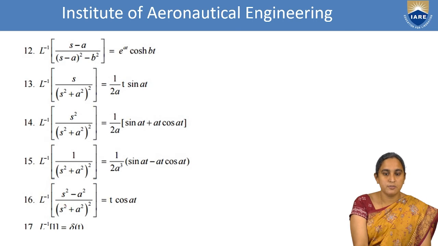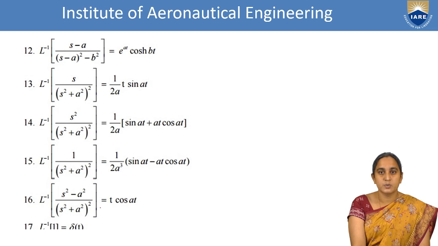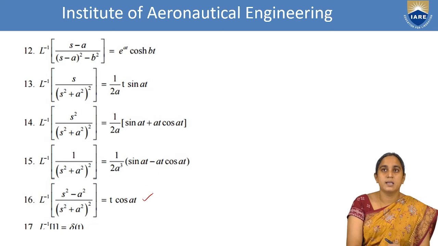And the 16th formula, Laplace inverse of s square minus a square by s square plus a square whole square. For that case the formula is t into cos at.